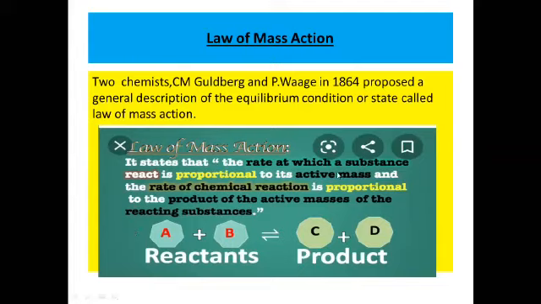For the rate at which a substance reacts, we consider only A or only B. But if we consider the complete reaction, we have to consider both reactants. The product of the reacting substances means A multiplied by B, because when we multiply two terms they give us the product.